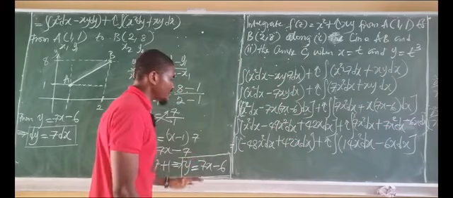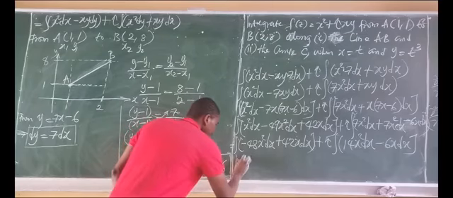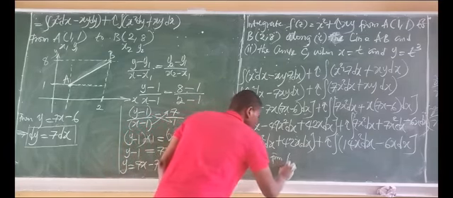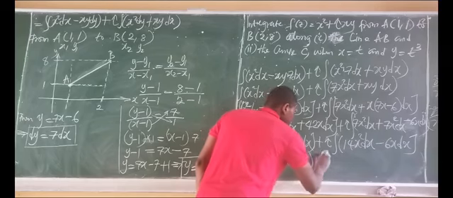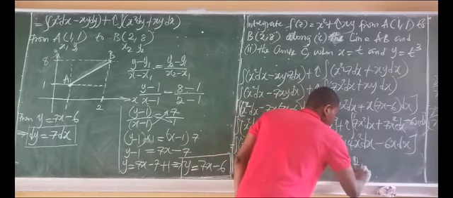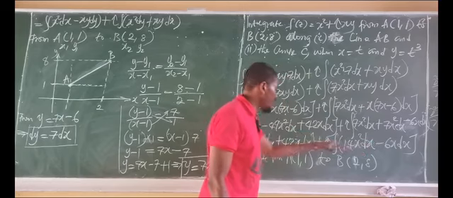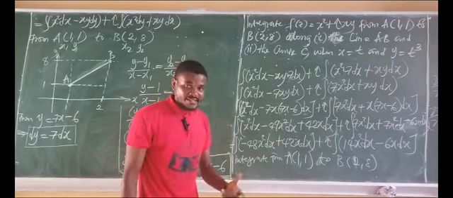Now we need to integrate. Remember, we are integrating from A, which is 1, 1, to B, which is 2, 8. Now all these terms, everything under the integral is now in terms of x.